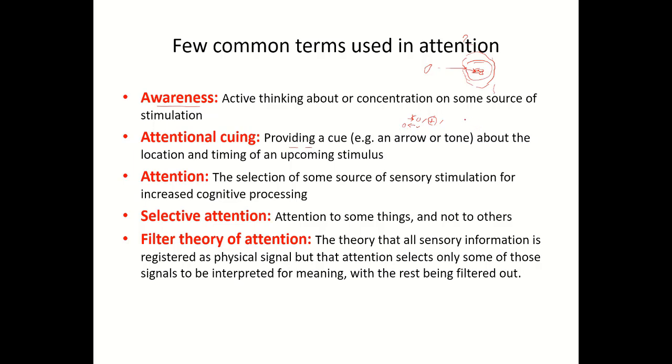Now an invalid cue is if it appears like this. So you are expecting something here, but it appears in the other side. So that is an invalid cue. A cue is there, but that is invalid. Okay, so that is different than a neutral cue. And a distractor is another thing that can reduce your performance to detect something while you are paying attention.